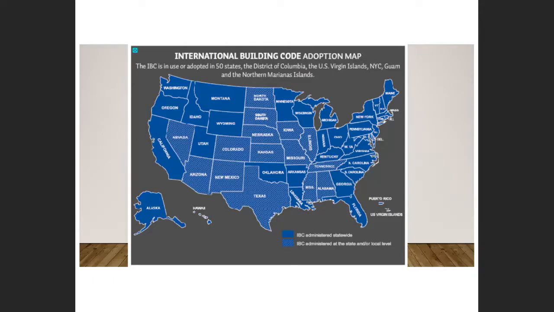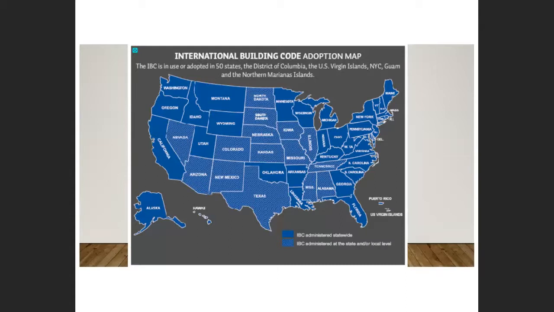As you remember, if you were here on Tuesday, or as you'll figure out if you go back and watch my lecture on Tuesday, we were talking about building codes, and we were talking about the family of I codes.